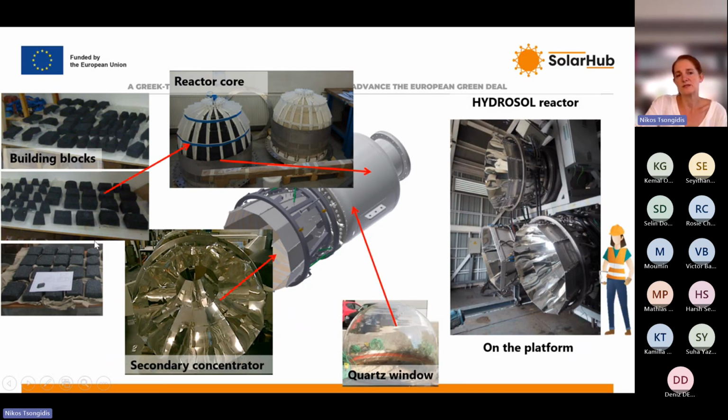And in more detail, you can see the main blocks that consist of the metal oxide, the active redox material that is used for the splitting of, in the hydrosol case, water, and how these are structured in a cavity that is included inside the reactor vessel, as well as some critical components of the reactor, which is the secondary concentrator and the quartz window, and how these are put on a solar platform for the test in real environment.